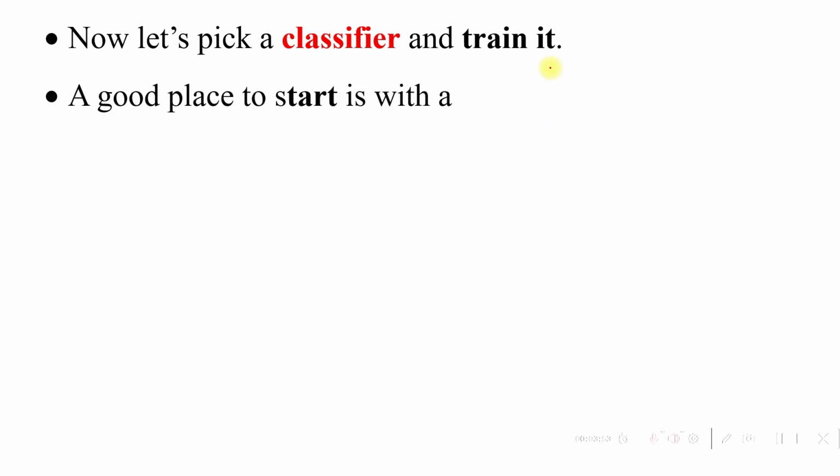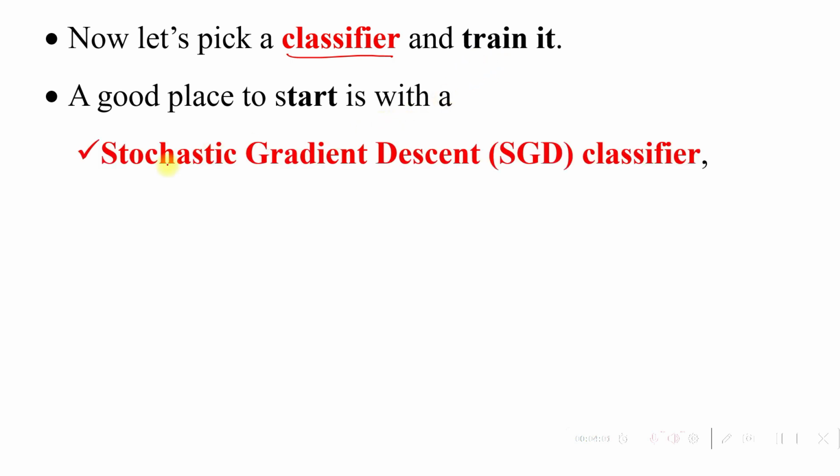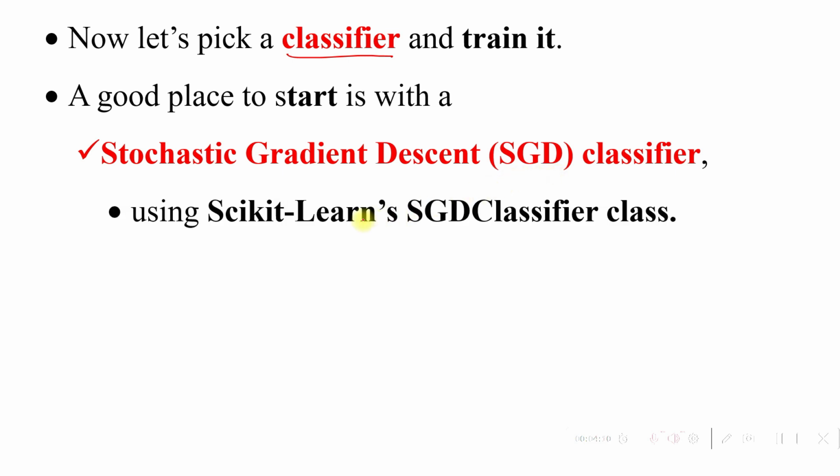Now we are going to use a classifier to train our model. Here we use the stochastic gradient descent classifier, one of the best algorithms to classify the given data into two parts. It is in scikit-learn's SGDClassifier class.